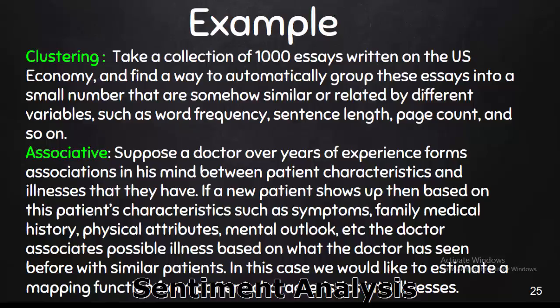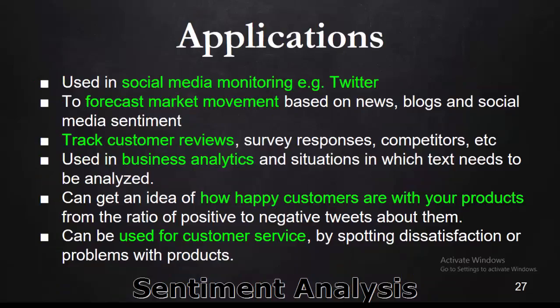So if a new person shows up, then based on this patient's characteristics such as symptoms and family medical history, the doctor associates possible illness based on what the doctor has seen before with similar patients. And in this case, we would like to estimate a mapping function from patient characteristics into illness.